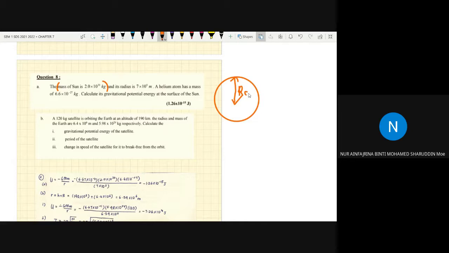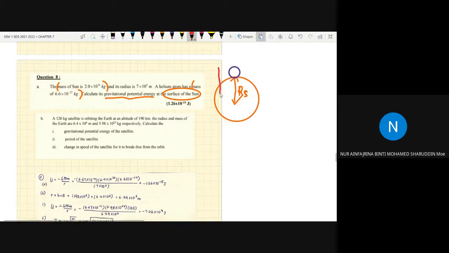So this is the radius of the sun. A helium atom has a mass of 6.6 times 10 to the power of negative 27 kg. Calculate its gravitational potential energy at the surface of the sun. So it asks you to calculate the gravitational potential energy of the helium at the surface of the sun.